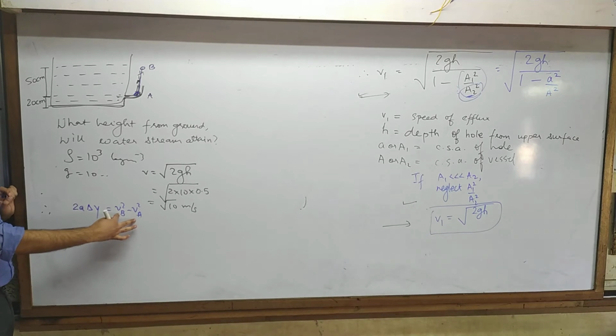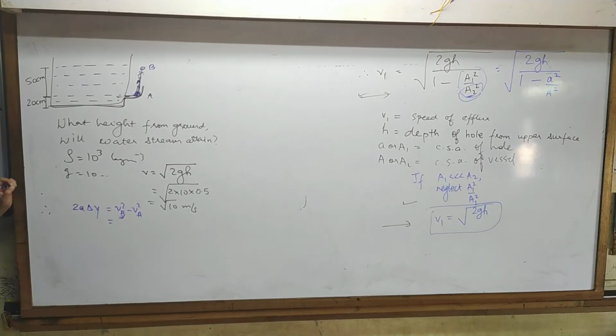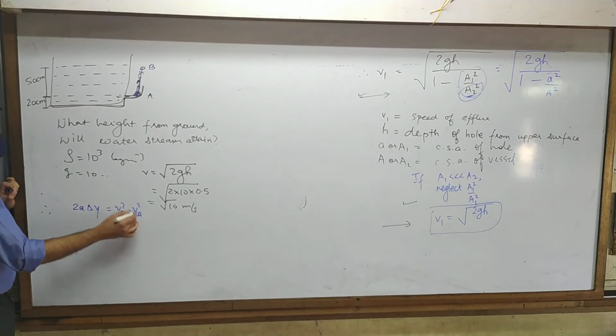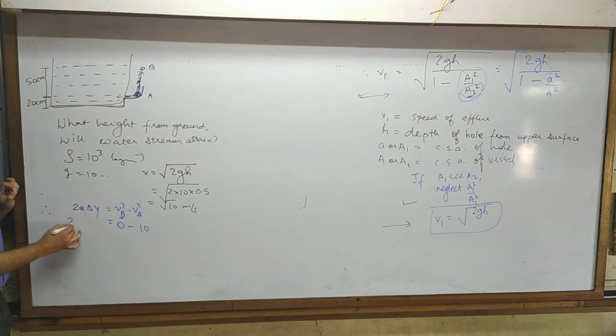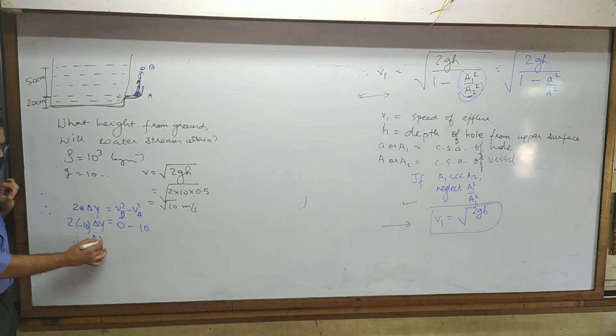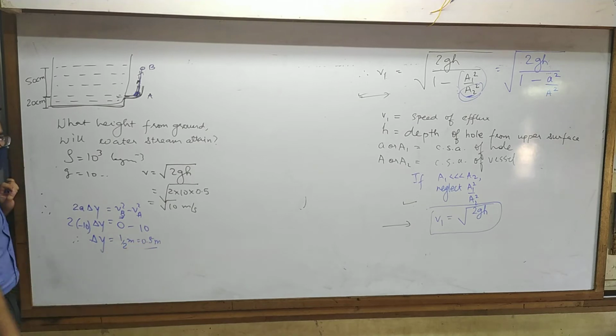V final is zero, since at the highest point the speed is 0. Minus the initial speed at A squared, root 10 squared. Downward is negative, so acceleration will be minus 10. So that should give you delta y equal to 1 by 2 meter, that is 0.5 meter.